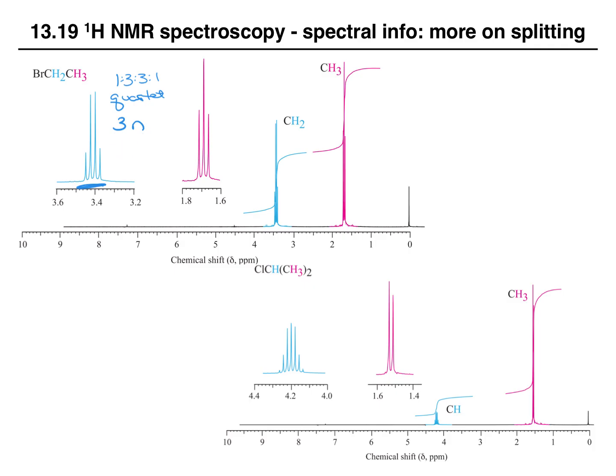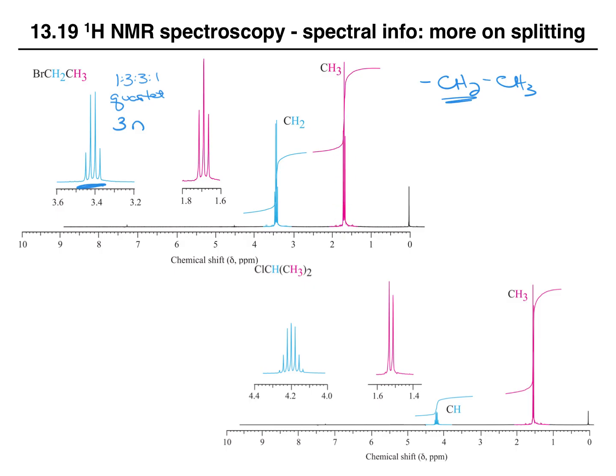So the blue signal tells us we have a CH2 and it is next to a CH3. Actually, this tells us we have 3 neighbors. It's possible to have a CH2 on one side and a CH on the other side, but the simplest possibility is that it is a CH3.